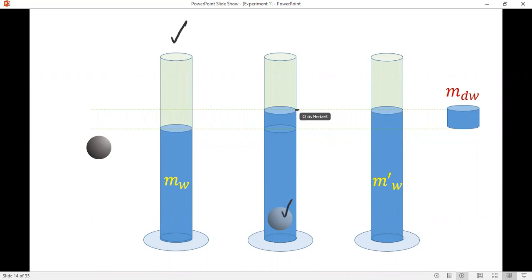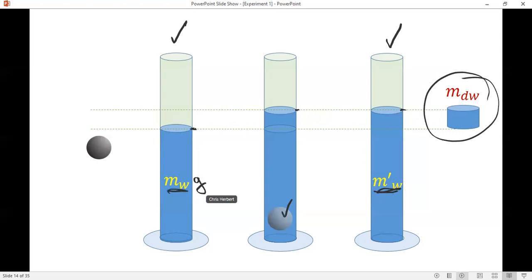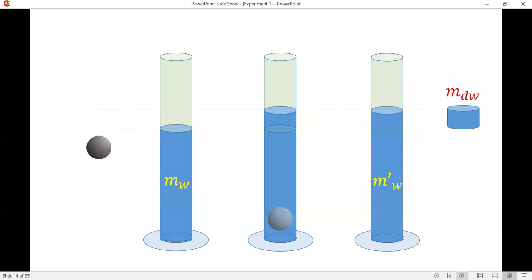Mark the new location and then remove the sphere and fill it up to that new level. So here's the original level, here's the new level. And of course, if I take the difference between this weight, M prime W, and this weight, actually it would be times g, that would give you the mass of the displaced water, which would give you the weight of the displaced water. So let's go ahead and do that.